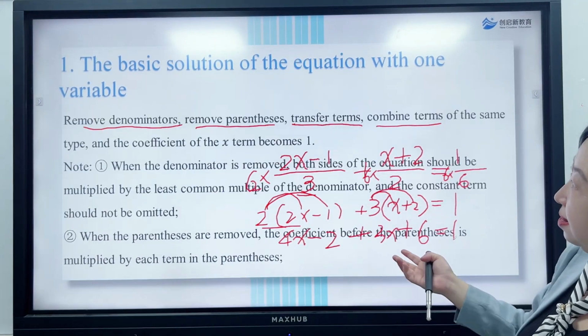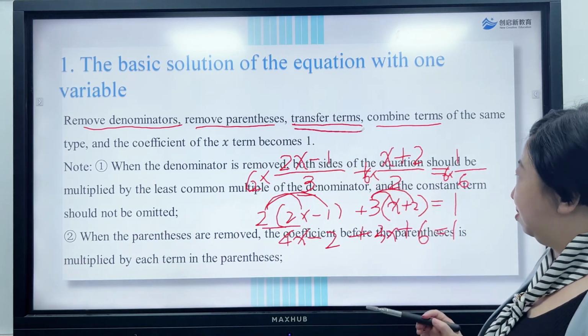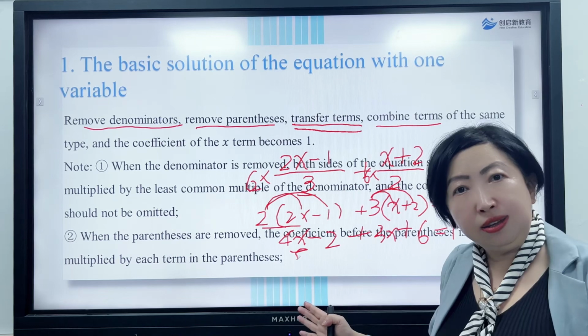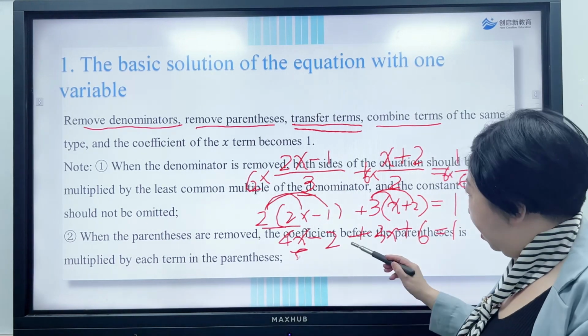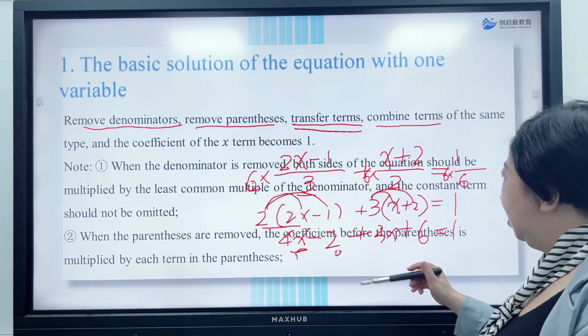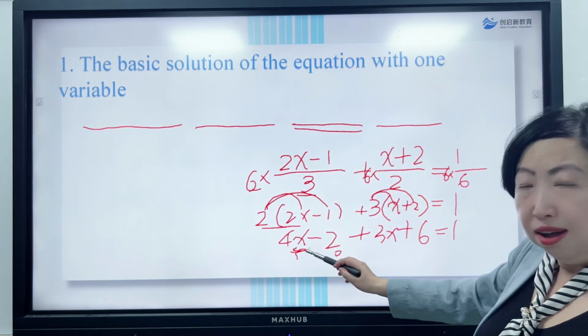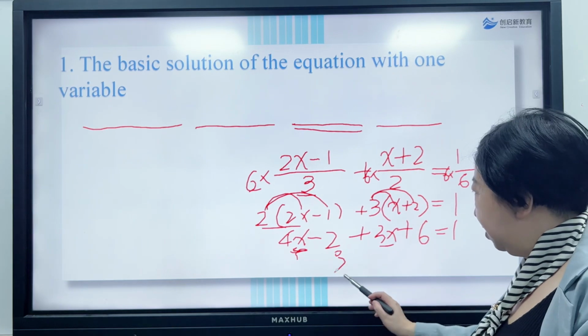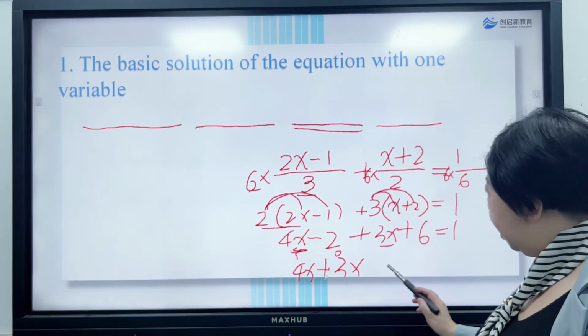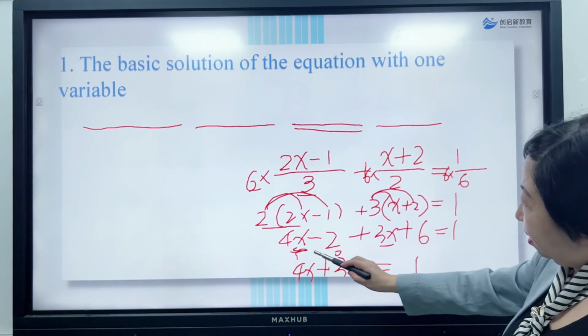The third step, transfer terms. With x, we put it on the left, and the numbers, we put on the right. So here, 4x plus 3x equals 1.